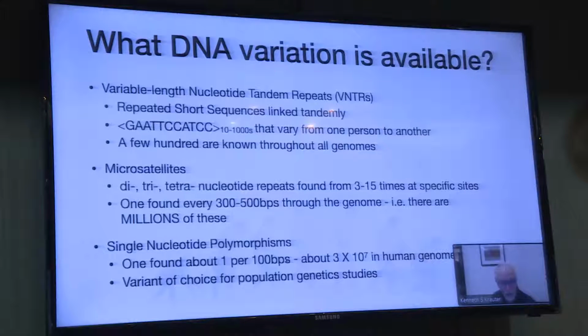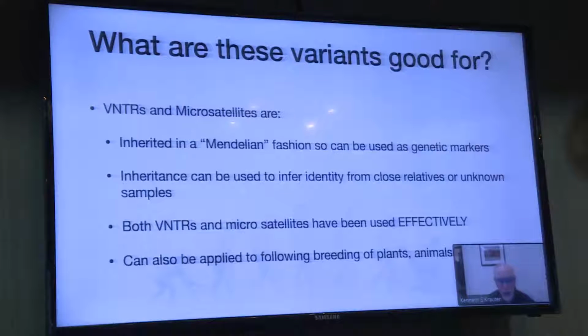There are powerful tools now for looking at these SNPs in all organisms, so after today's class, it's worth going out and reading more about SNPs if you don't know what they are. Okay, so let's get back to the forensics question.